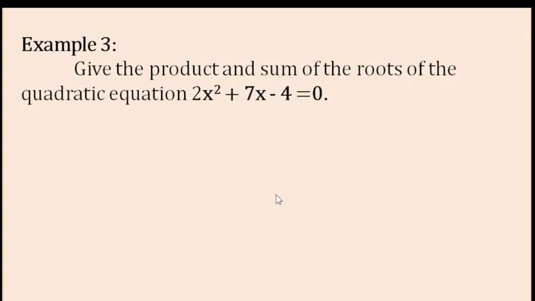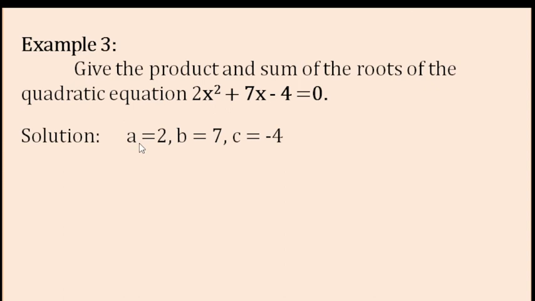Example number 3. Give the product and sum of the roots of the quadratic equation 2x squared plus 7x minus 4 equals 0. This time we have a leading coefficient not equal to 1. So it's 2. From our observation, the product of the roots is equal to c over a.